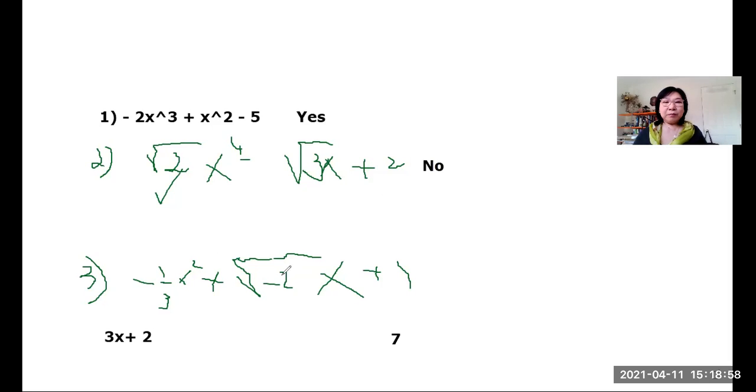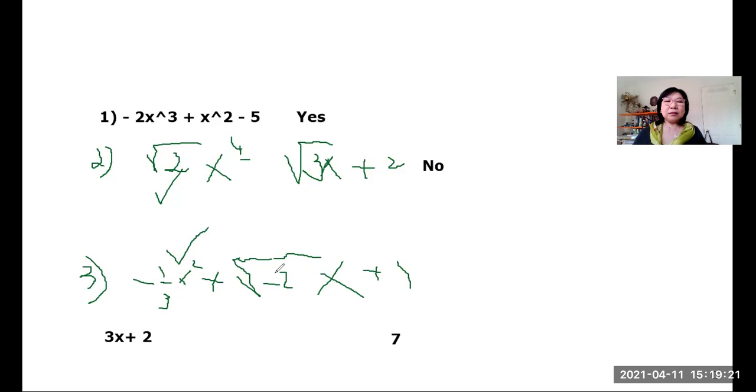Now let's look at number 3 here. I apologize for my handwriting, but I hope that you can still recognize it. This is minus 1/3 x squared plus the square root of minus 2, with the x outside, plus 1. The first condition is okay as well. This one looks okay.